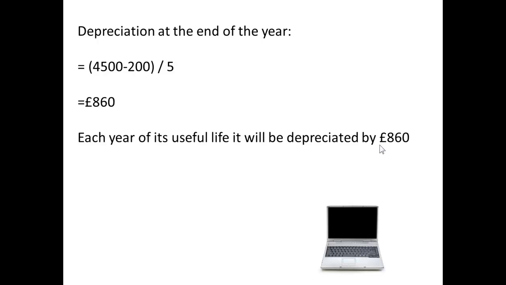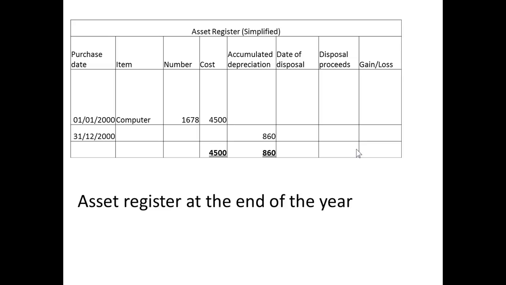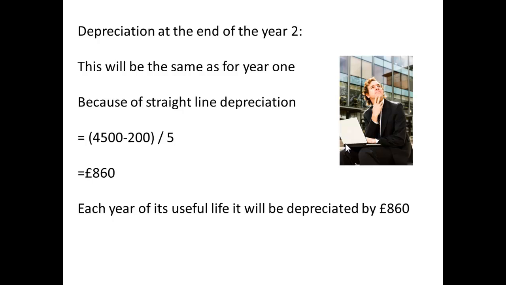So every year that we have that asset, for the first 5 years anyway, its useful life, it's going to be depreciated by £860. So at the end of the year, we are going to make another entry into the register. On the 31st of the 12th, 2000, we're going to show accumulated depreciation of £860. And then we bring those entries down, ready to start the next year.